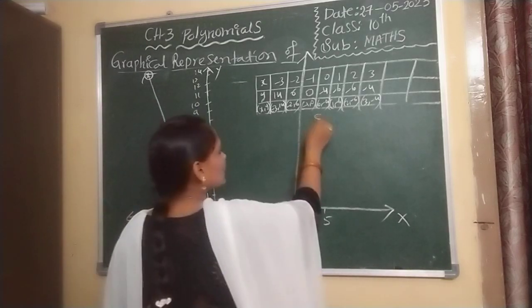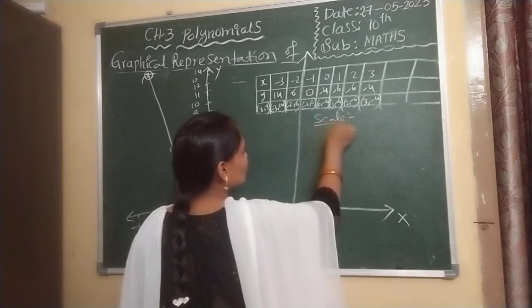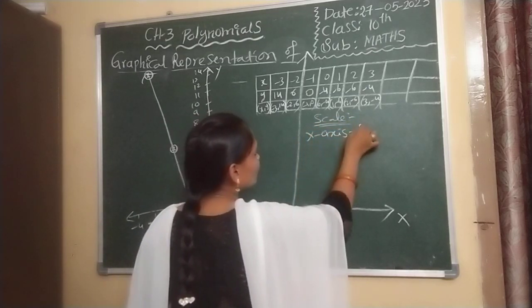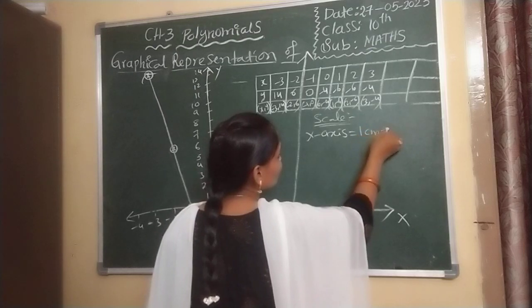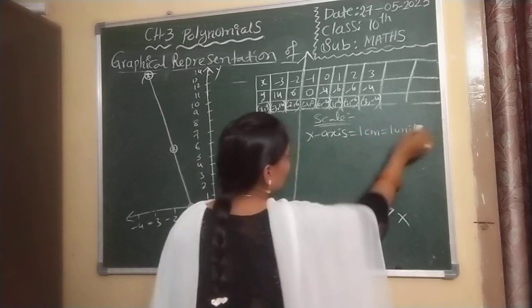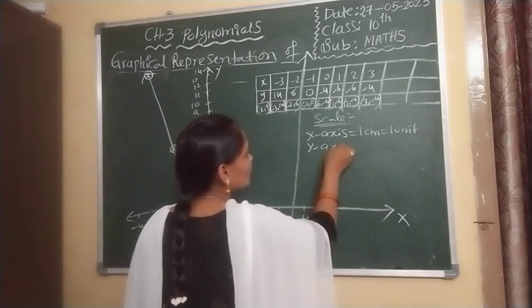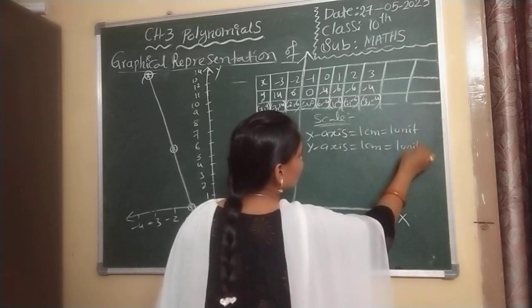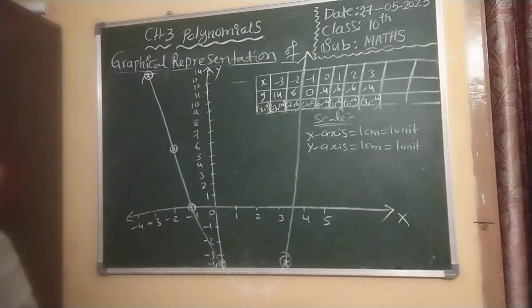After getting the graph, the scale is compulsory, don't forget. On the x-axis, what did we take? 1 centimeter is equal to 1 unit. On the y-axis also, 1 centimeter is equal to 1 unit. This is the graph with the scale.